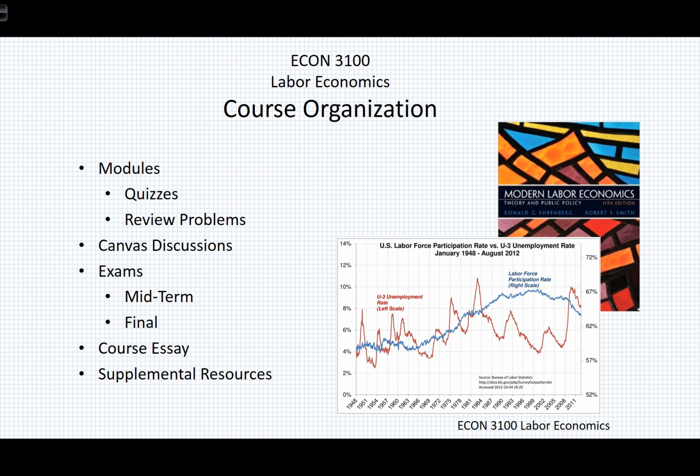As we move forward, we're going to take a look in a moment at the modules and quizzes and review problems, help you see what this is all about. But in this class, we have the modules, quizzes, and review problems. There are 15, as I said. Interspersed through the course, there are 5 different Canvas discussions. Each discussion is on a topic that we deal with kind of tangentially in the course.